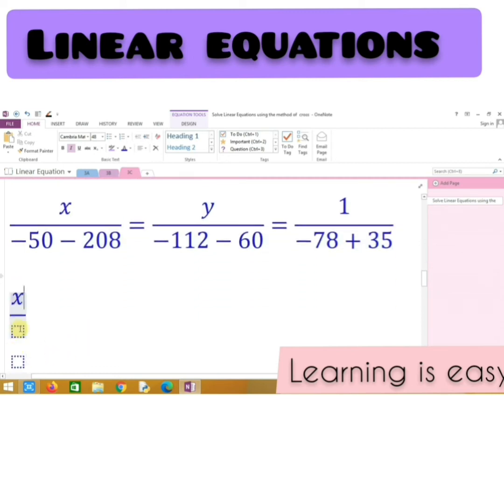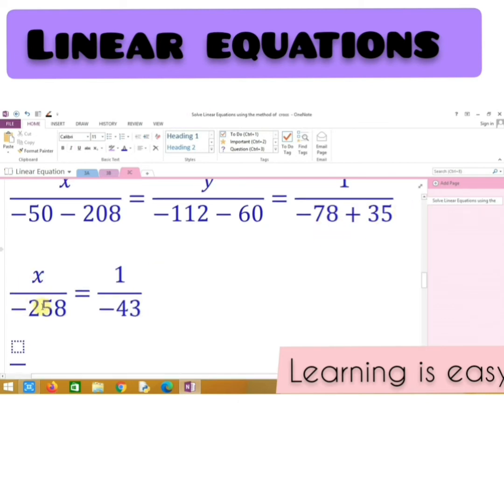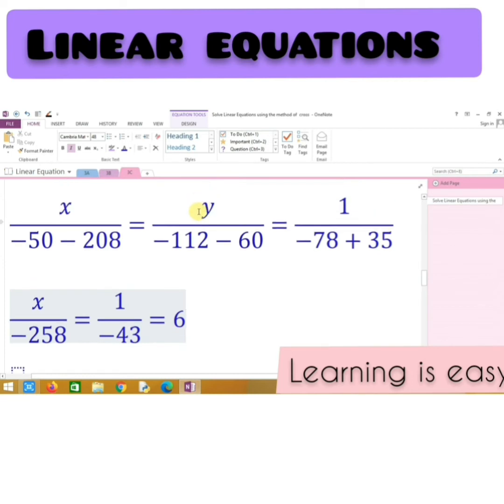So that is minus 258 equal to minus 78 minus 35. So that's minus 43. So minus 258 goes into the numerator. So x is going to be 6, because 6 times 43 is 258.